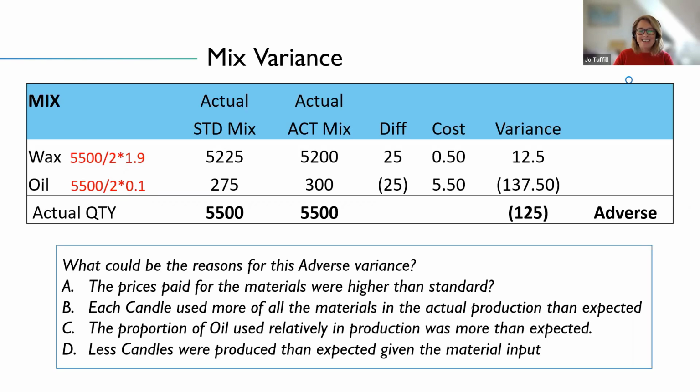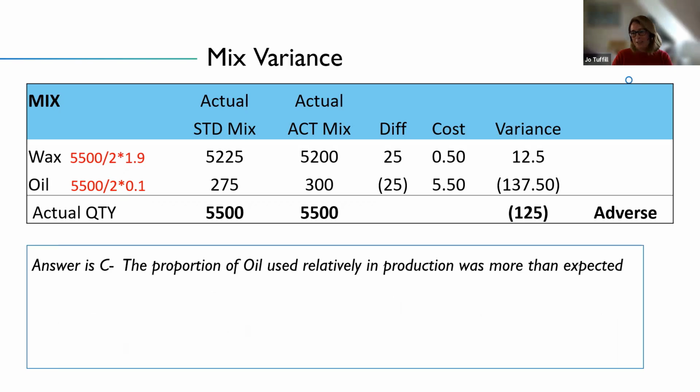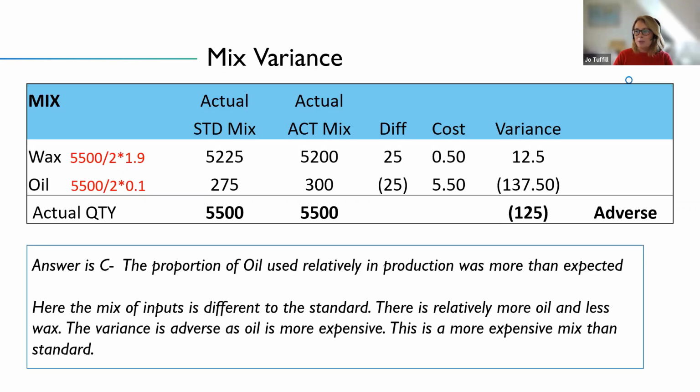So let's have a look at the real answer. Okay, so the real answer is the proportion of oil used relatively in production was more than expected. Because this is all about a mix variance. It's all about the inputs, okay, not the outputs. So here, the mix of inputs is different to the standard. There's relatively more oil and less wax being used.